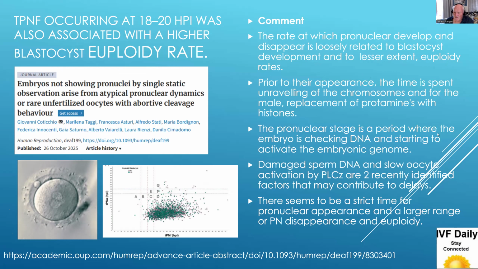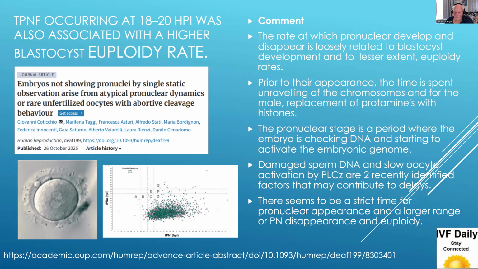The pronuclear stage is also a period where the embryo is checking the DNA and starting to activate the embryonic genome. Damaged sperm DNA and slow oocyte activation by phospholipase C are two recently identified factors that may contribute to delays.